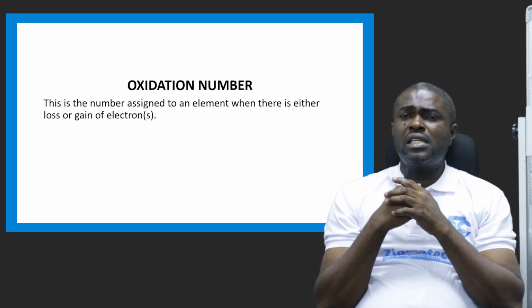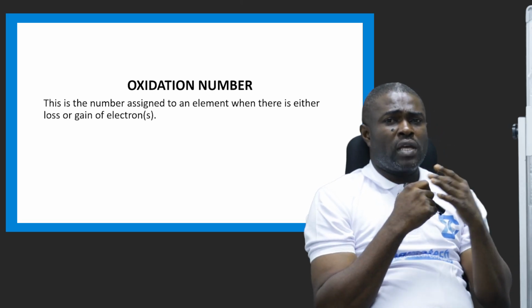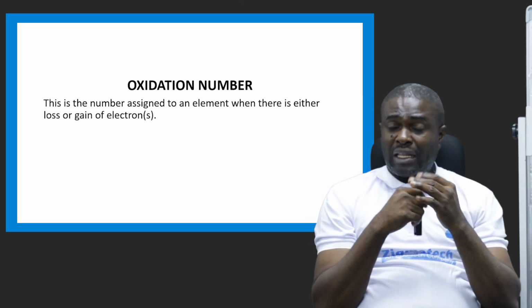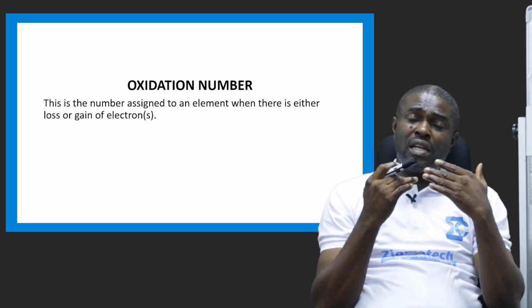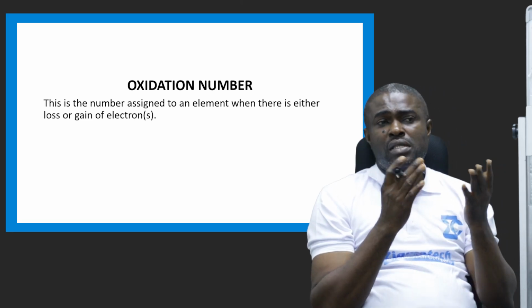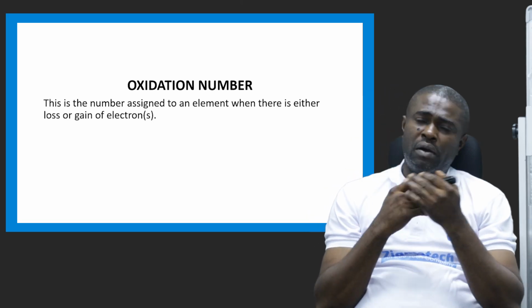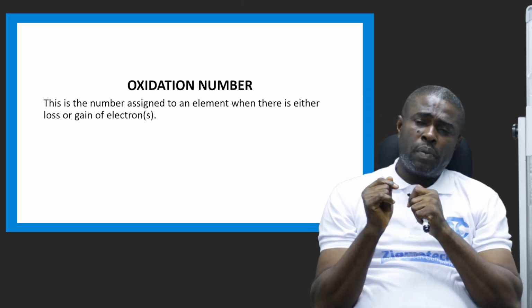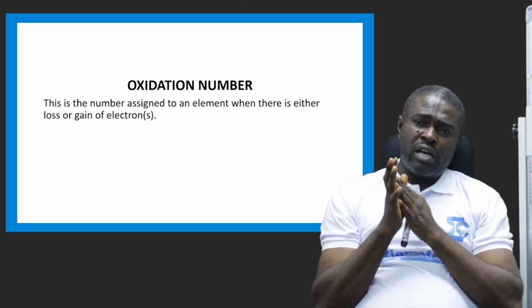And I said this is the number assigned to an element when there is either loss or gain of electron. I think this is the basic. Yes. The number assigned to an element when it loses electron, and the number assigned to an element when it gains an electron.